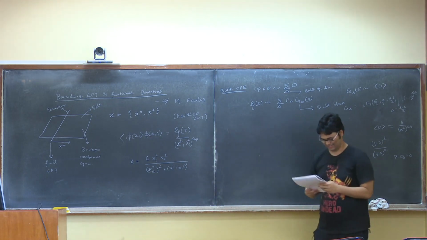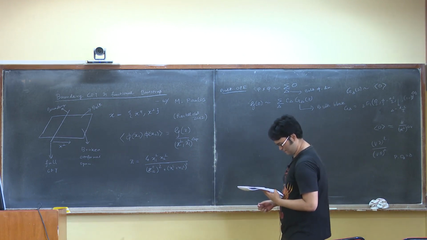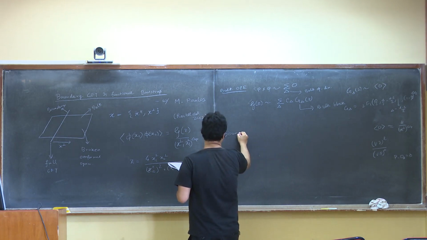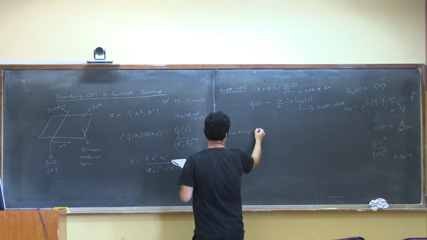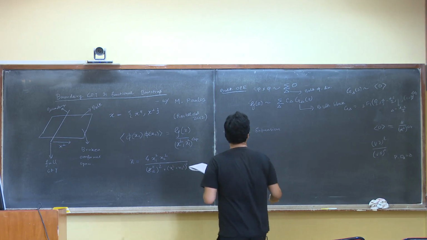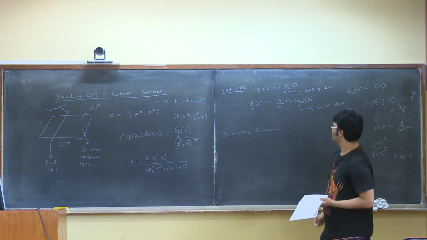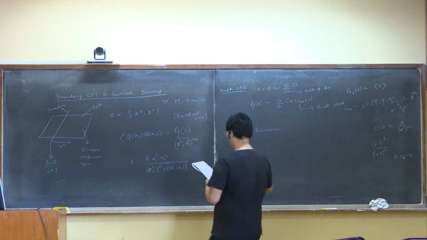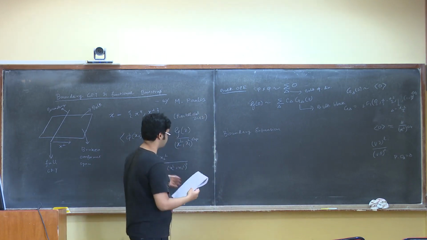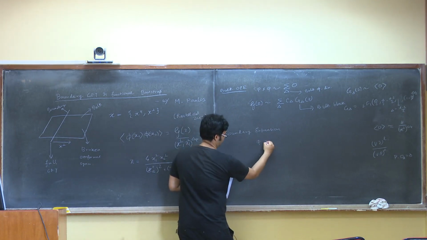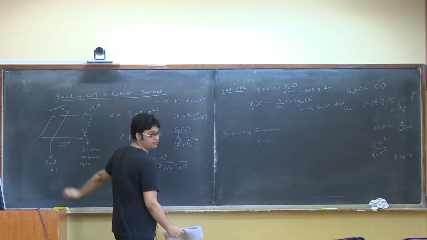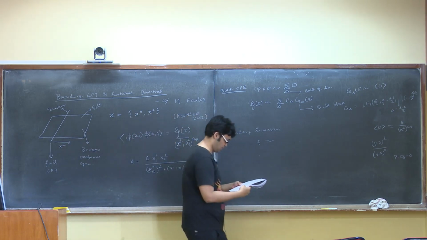So let me continue. The next thing that I was about to say was the boundary channel expansion. So the other way to expand this 2-point function is to note that every bulk operator phi allows an expansion in terms of operators on the boundary CFT, on the CFT that is there on the boundary.